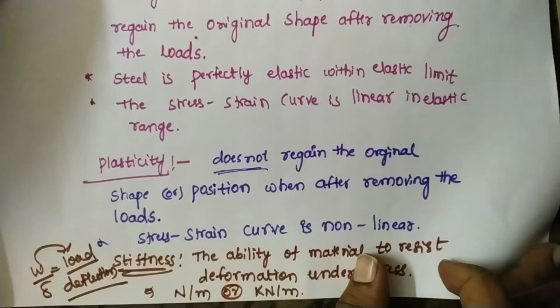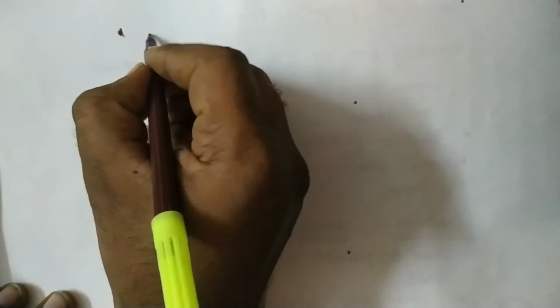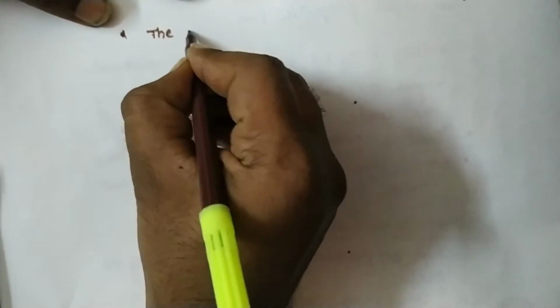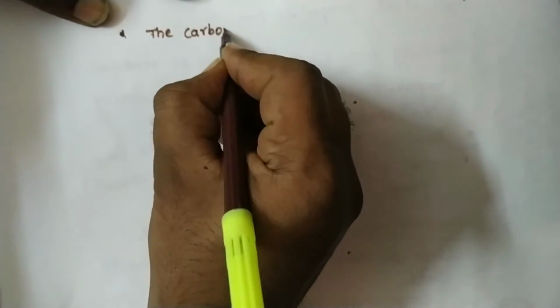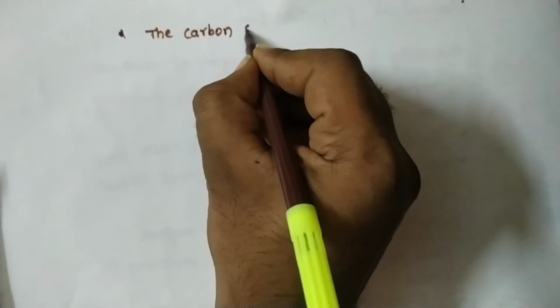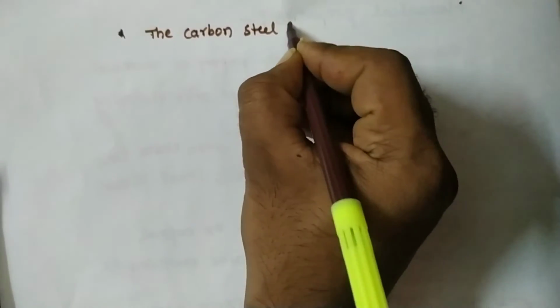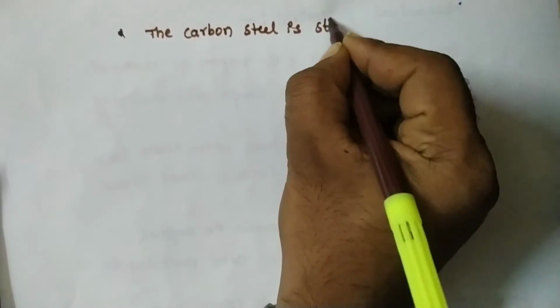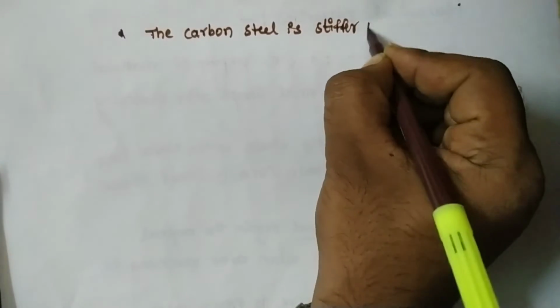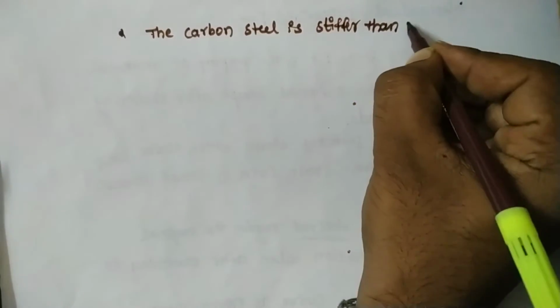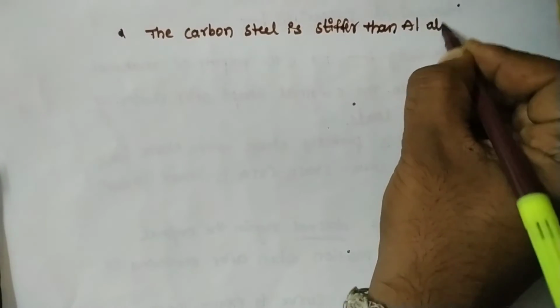Then the next point: carbon steel is stiffer than aluminum alloy.